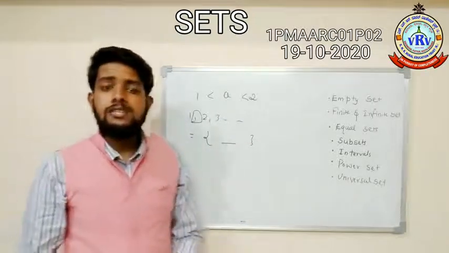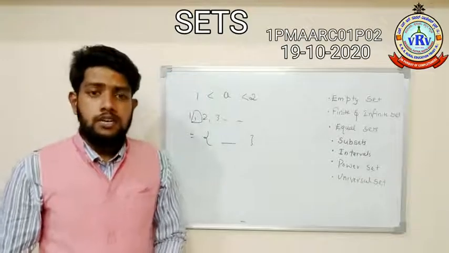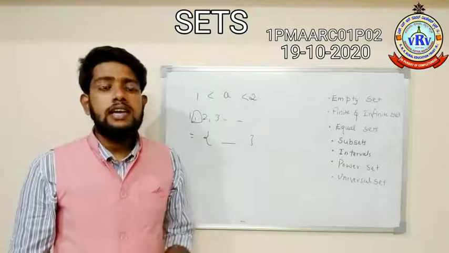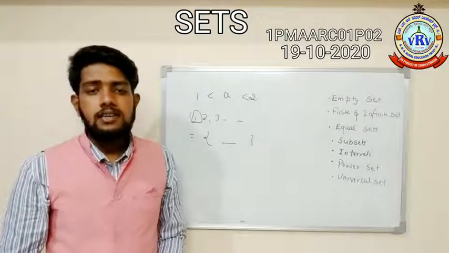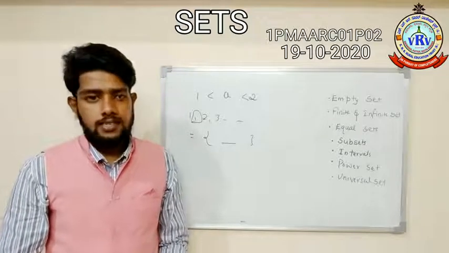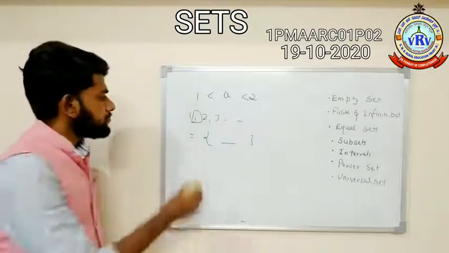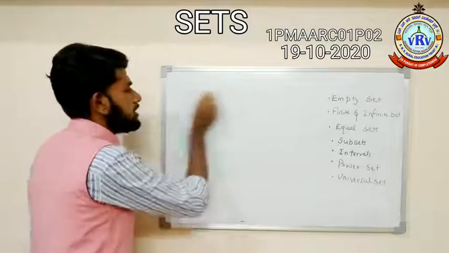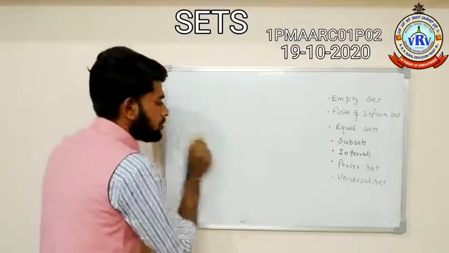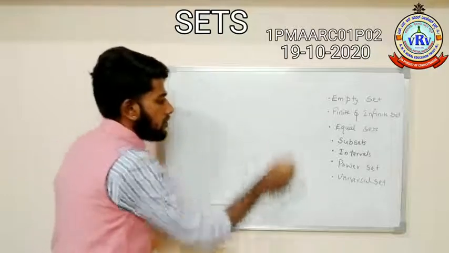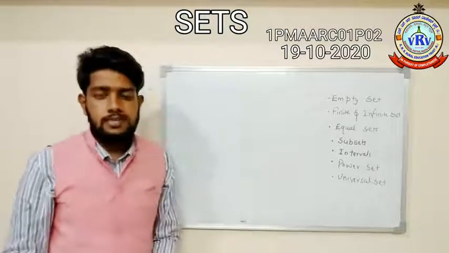So the definition of the empty set is a set which does not contain any element. Then that set is known as an empty set. For example, there is no natural number between 1 and 2, which is an example of an empty set.